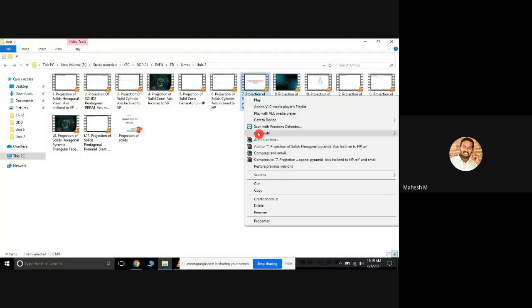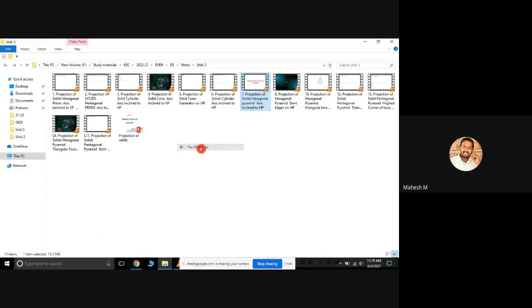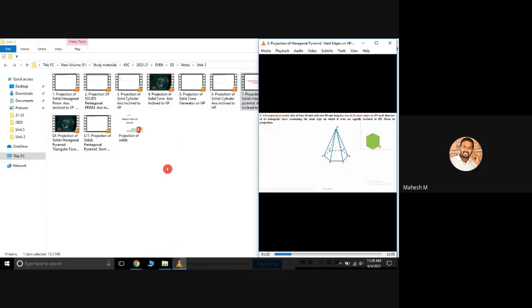I will try to play both diagrams in a single window, so you can compare them. There is only a slight difference.